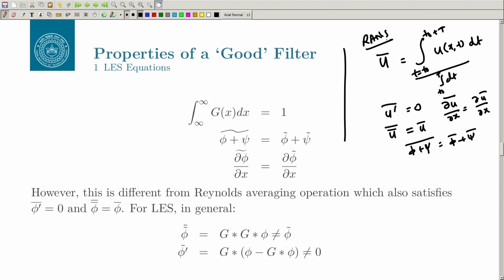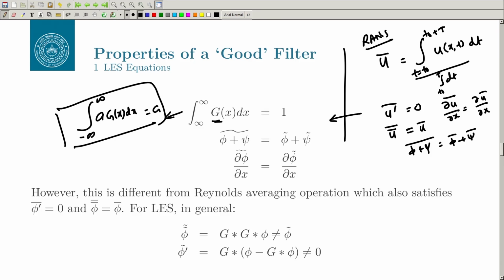Like this, we can have some properties for the LES filter also. What are the properties? One is that the integral of the filter G(x) dx equals 1. That means if you have a constant a and apply this convolution on it, you will get the same value a; it will not change.